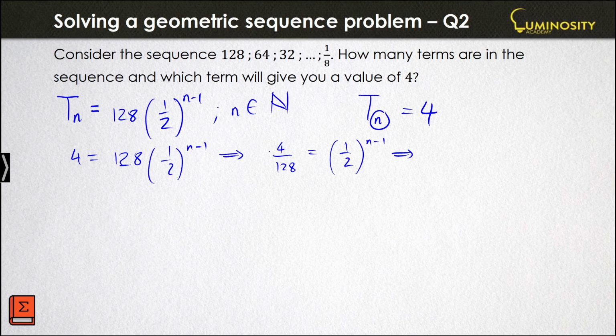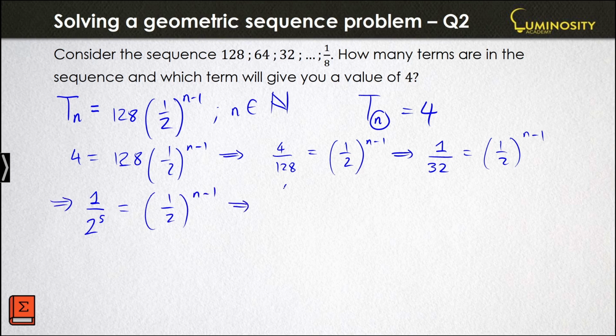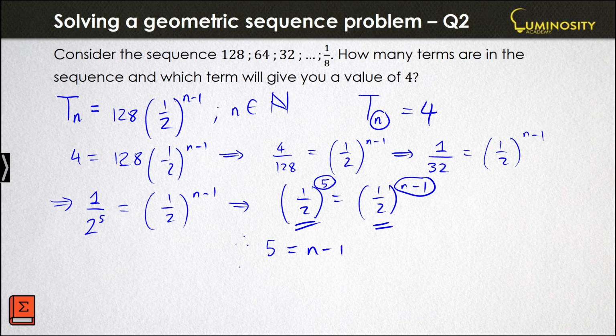But 4 divided by 128 can be simplified down to 1 over 32 equals a half to the n minus 1. 1 over 32 again can be rewritten as 1 over 2 to the power 5, because 2 to the power 5 is 32. And then I use my exponential laws again, and I can rewrite that as a half to the power 5 equals a half to the power n minus 1. Therefore, since the bases are the same, I can equate the exponents. 5 equals n minus 1. And therefore, adding 1 to both sides, I get n equals 6, which we did verify when we expanded out that sequence.